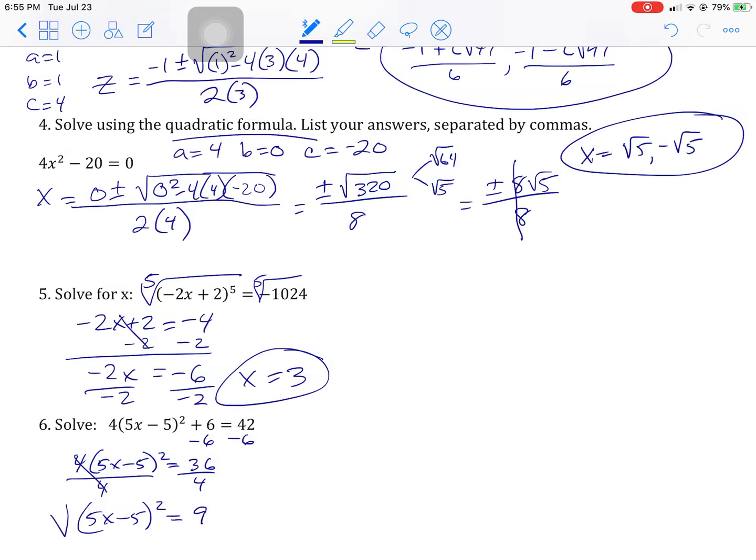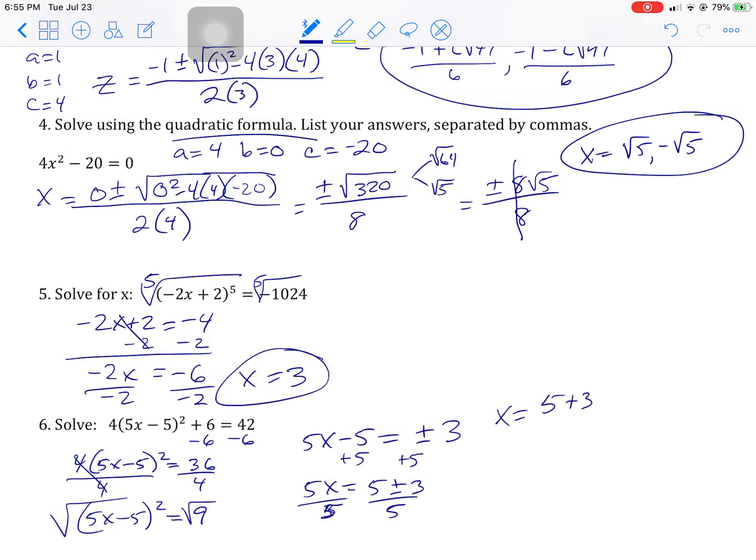And since it's a square, I want a square root. That's an even square, so I need to put a plus or minus. The square root of 9 is 3. Move the 5 over. And divide by 5. So x equals 5 plus 3 divided by 5, and 5 minus 3 divided by 5.